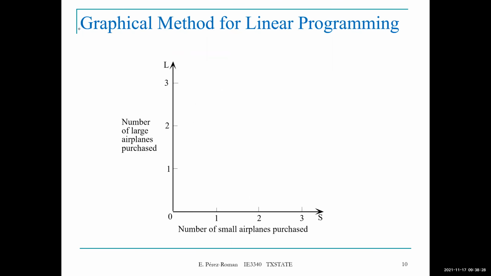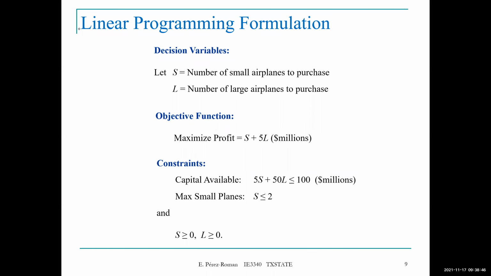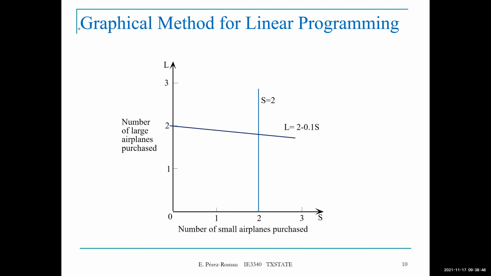So if we solve this problem using the graphical method, we can set up our constraints. So this is the constraint in terms of how many small airplanes you can purchase. So less than 2. And then you have the second constraint, which is in terms of the capital available. And as we learned, we have the feasible region, and we need to plot the isoprofit line, and we move in this direction.